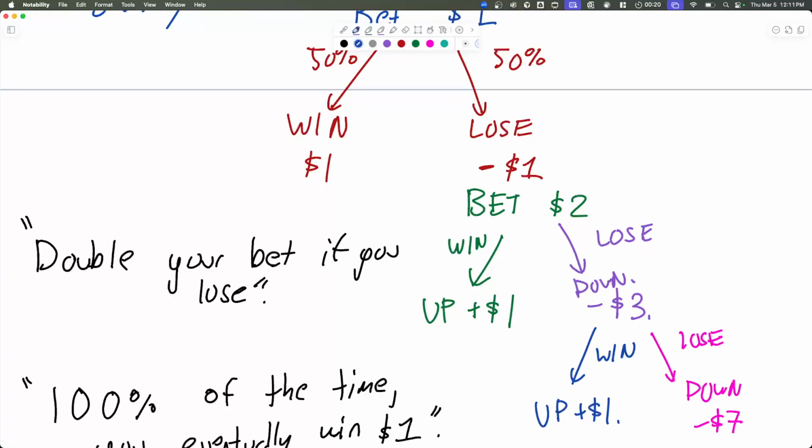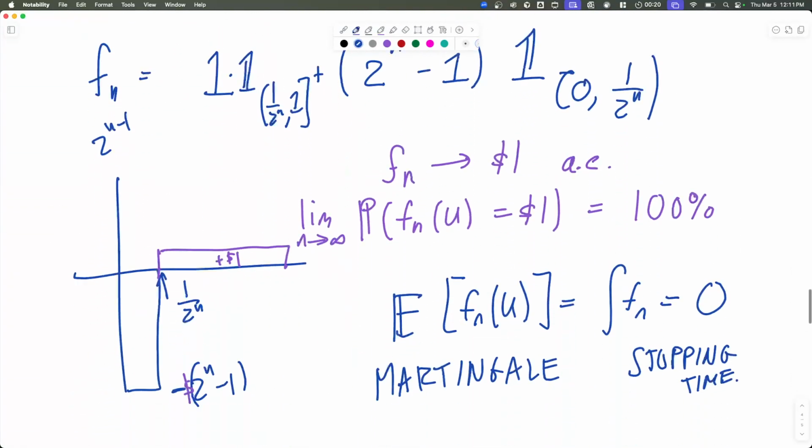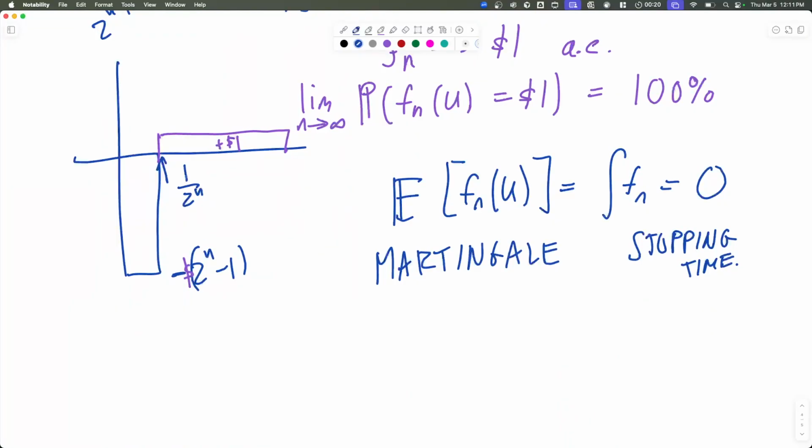Sorry, the average when you stop. So let's write this down. It's true that Fn of u is mean 0, and it's also true. Wait, no, this is the one situation where it's not true. Okay, let's leave it like this. For fixed n, Fn is where you are after n bets. This is your profit or loss after n bets.